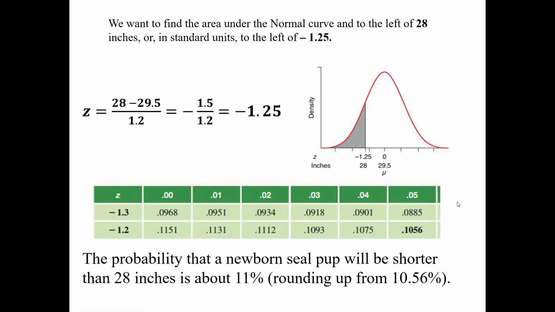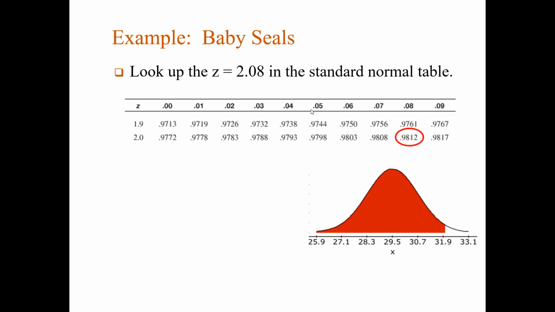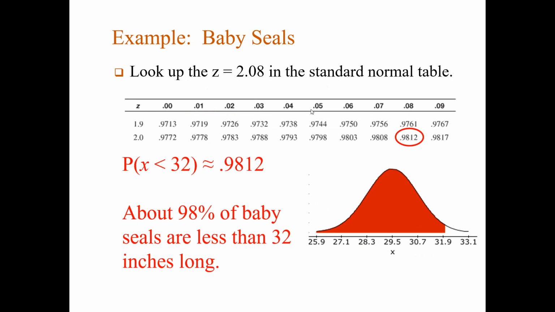So you can see the work here. That's what I did for the 28 inches. And then this is a less detailed version of finding the less than 32 inches. And then this is the z-score, or the standardized table.